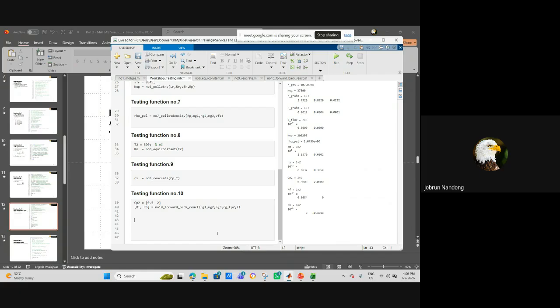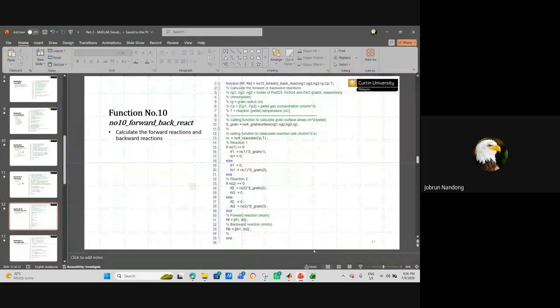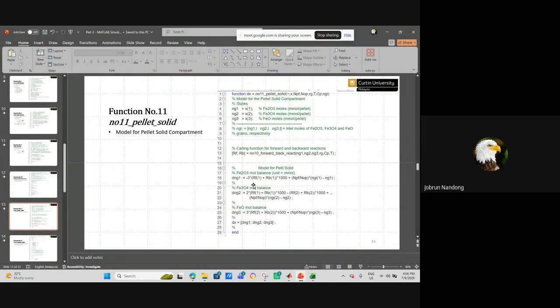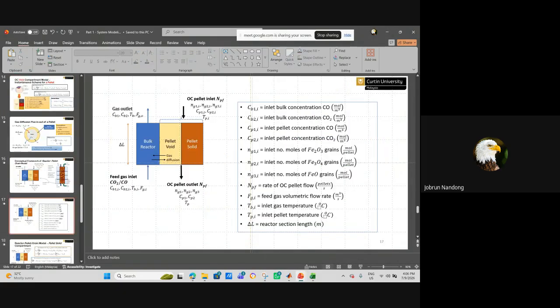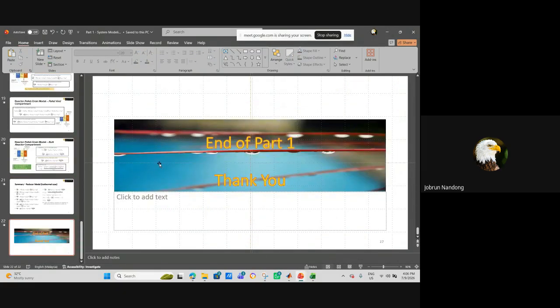No error on that. Next, we move on to the model itself. Hopefully, we already have the function. Now we look at the model. Okay, this is the model for the pellet solid one. So we use the first three equations that we list down here. So we have a list, we have an equation here, right?